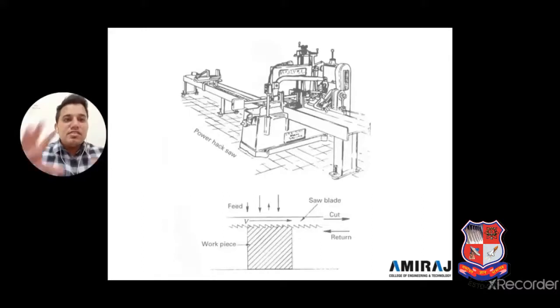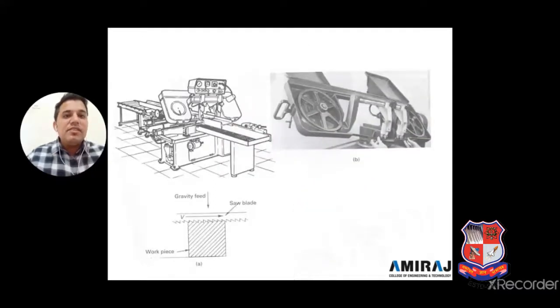So here are some diagrams of the workshops and principle. This is particularly related to the reciprocating type, with a continuous long bar. Then another arrangement is there. This is the workpiece arrangement, and you can observe here this is a band saw type. In band saw there are different things.